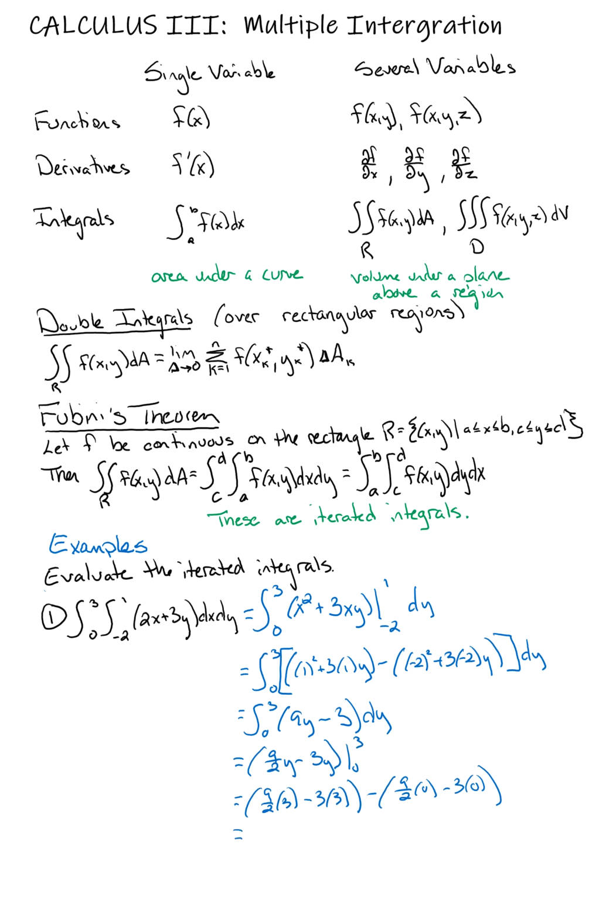We have 27 over 2 minus 9. Oh, guys, you know that's supposed to be squared. Let's square those. That's a little better. So that would give us actually 81 over 2 minus 9. Common denominator of 2 gives us 63 over 2. And that is how you work with iterated integrals. Enjoy!